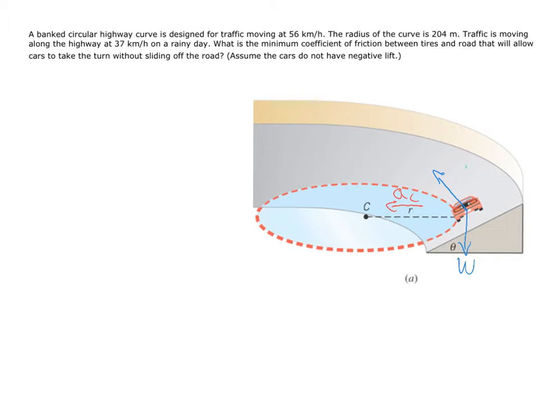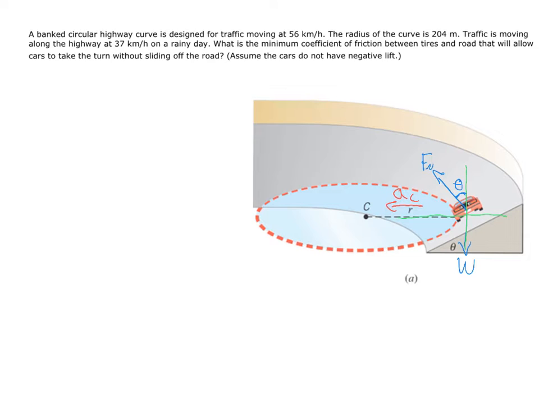With horizontal and vertical axes, the only thing pointing inward toward the center of the circle is a component of the normal force. You can use geometry to prove that the angle between the normal and the vertical y-axis is the same as the angle of the ramp.